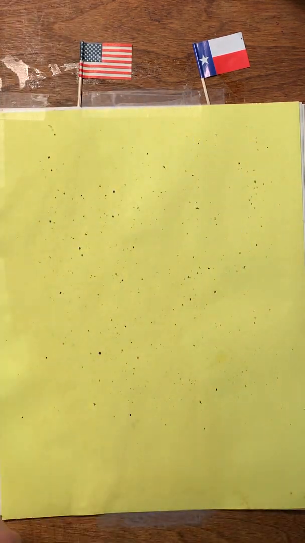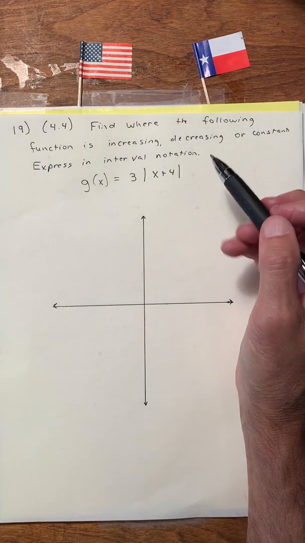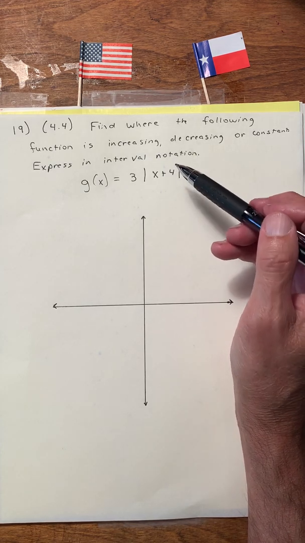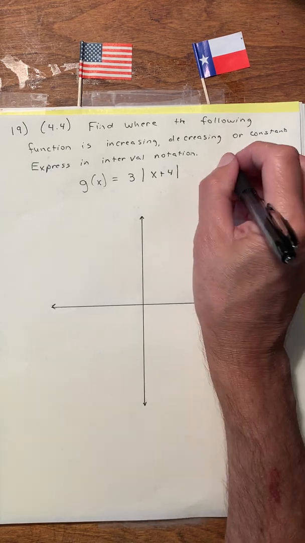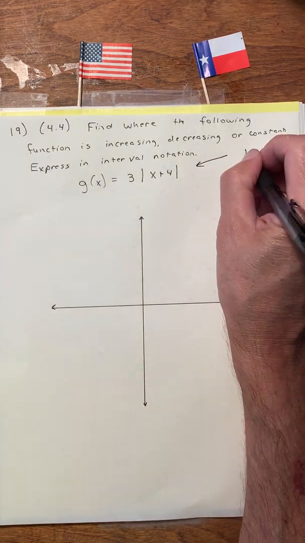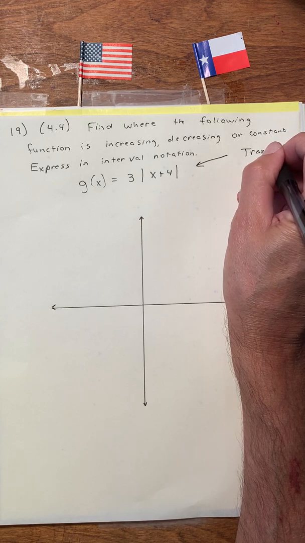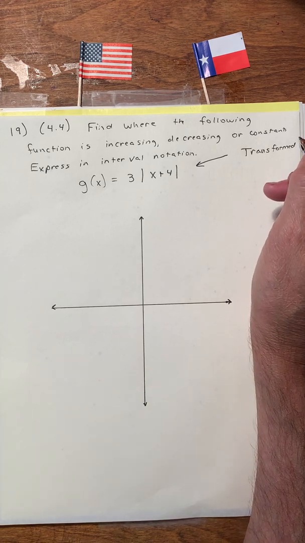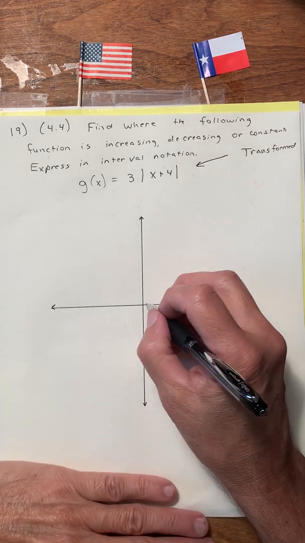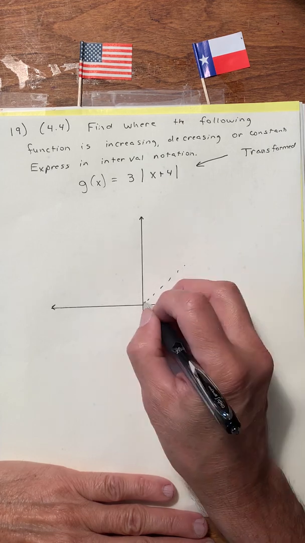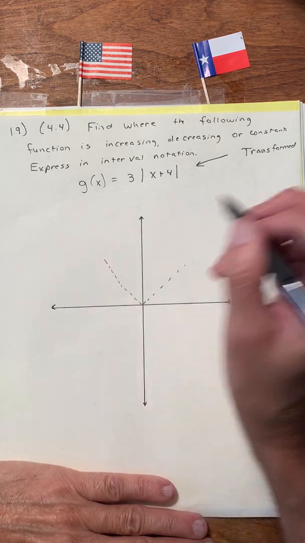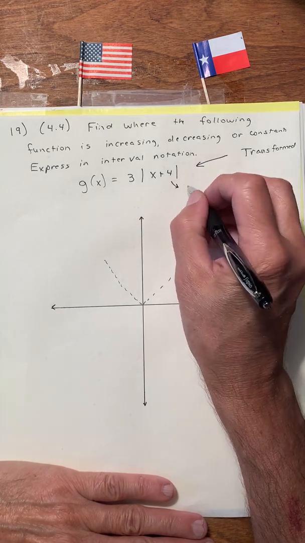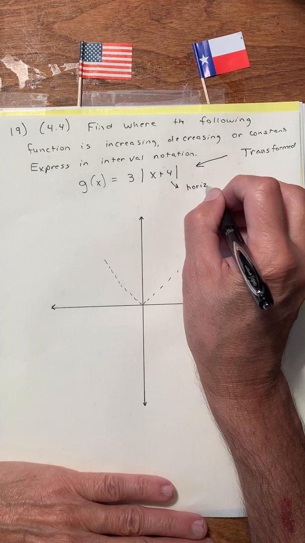All right. Find where the following function is increasing, decreasing, or constant, expressed in interval notation. All right, here's where you're going to have to realize that something has been transformed. I have a general shape, right? This is absolute value. Here's my general shape. But it's been transformed. Look here. I have a horizontal shift.